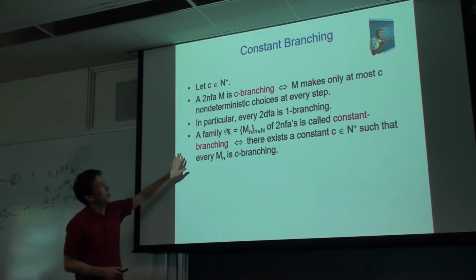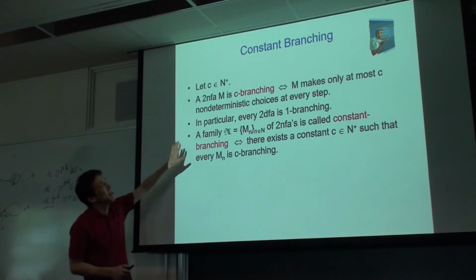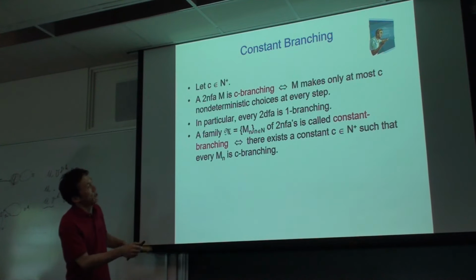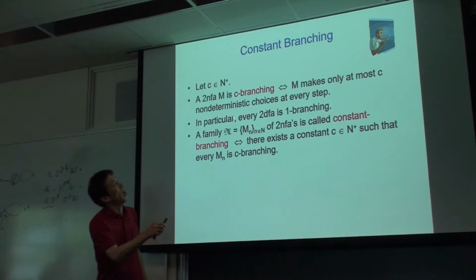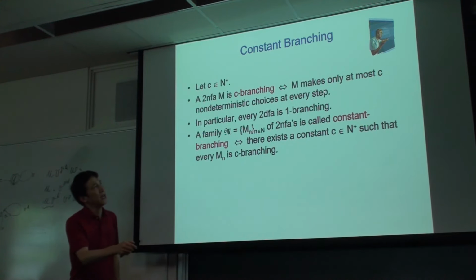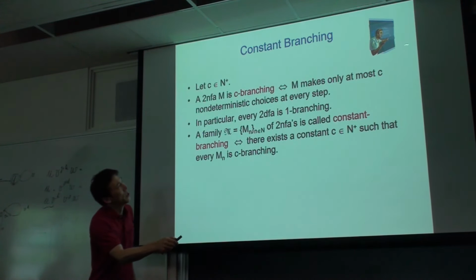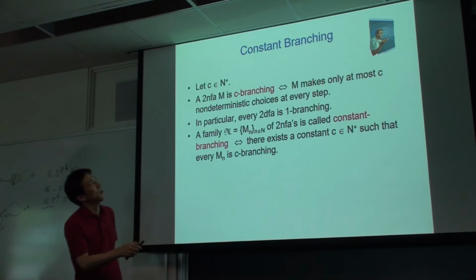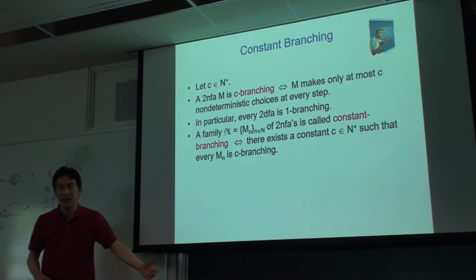So a few more things. Okay. So C-branching. That means that, well, we are considering the non-deterministic finite automata, so they make non-deterministic choices at every step. But the number of the non-deterministic choices is bounded by C. In that case, we will call this machine C-branching. Okay?